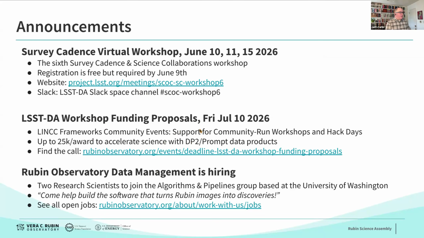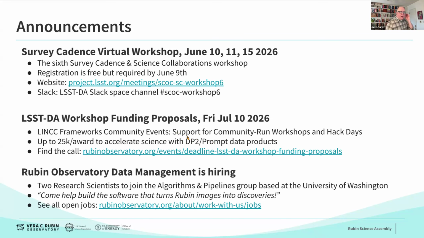Also, there is funding available from the LSST Discovery Alliance to fund workshops, hack days, things like that. So do check out that call for proposals if you are interested in organizing an event, especially focused on the upcoming Data Preview 2 and Prompt Data Products releases.